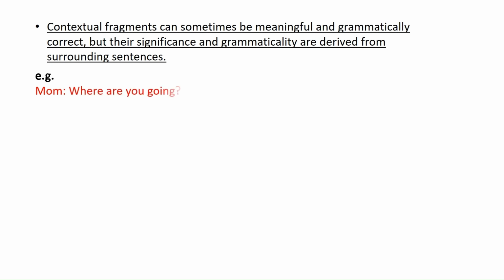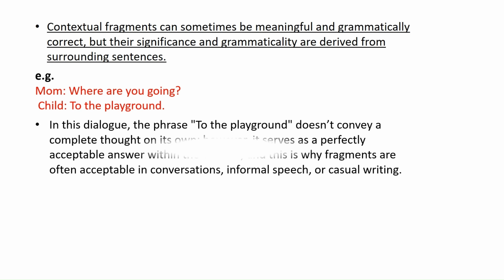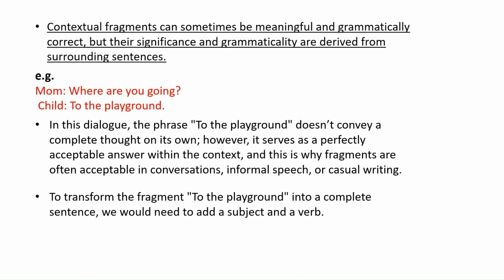And this is why fragments are often acceptable in conversation, informal speech, or casual writing. To transform the fragment into a complete sentence, we would need to add a subject and a verb to become: I am going to the playground.